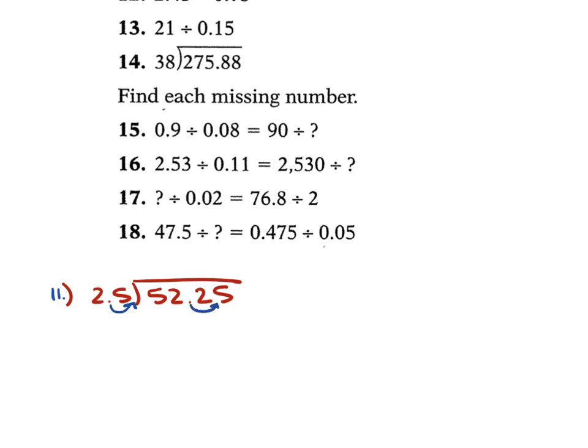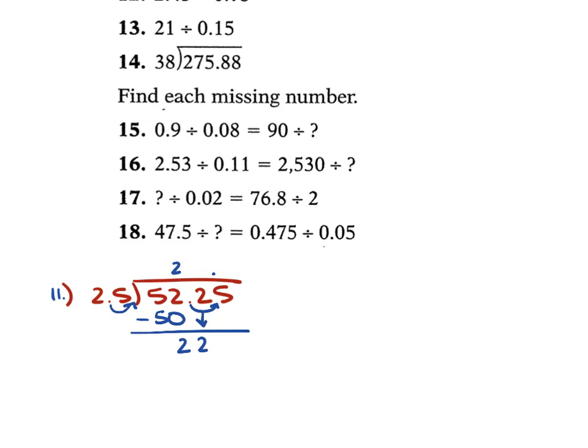So now this is 522.5 divided by 25. So now you can work with this and say to yourself, 25 goes into 5 no times, so 25 goes into 52 twice. 2 times 25 is 50, so we subtract these, we have 2. We bring down that 2 for 22.